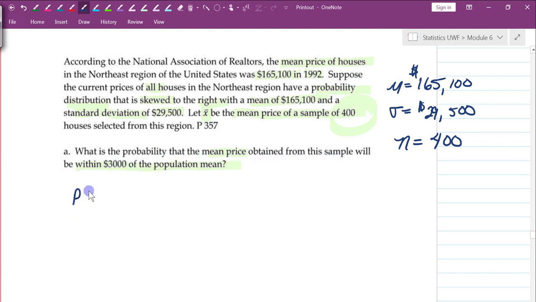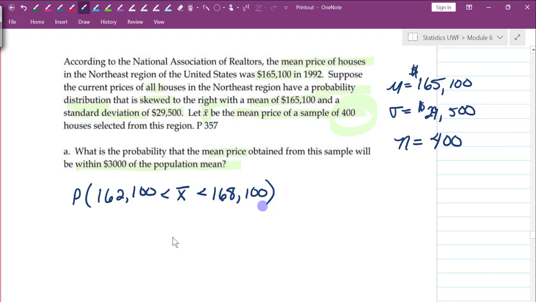So this is saying the probability that, what's $3,000 off of this? That would be $162,100 will be less than X bar, which will be less than, now we're going to add 3,000 because it says within 3,000 either direction, so $168,100. And that's how we mathematically write that statement down.